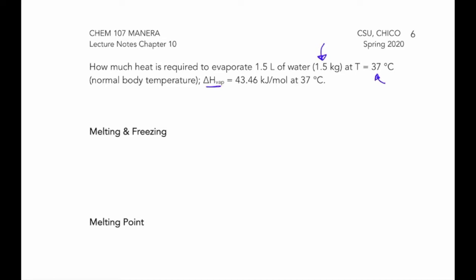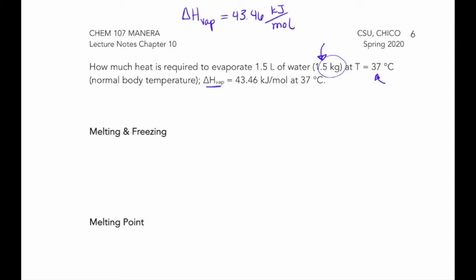So what we're going to look at is we've got some amount of energy. The delta H value for vaporization, they have that subscript VAP for vaporization. That value is 43.46 kilojoules per mole of water. Okay. So it's only that amount of energy for a mole of water. For a different amount of water, it's going to take a different amount of energy.